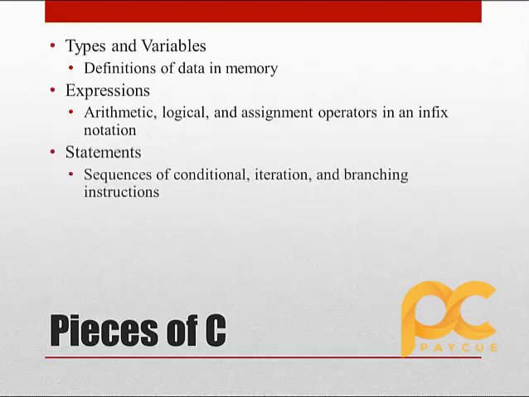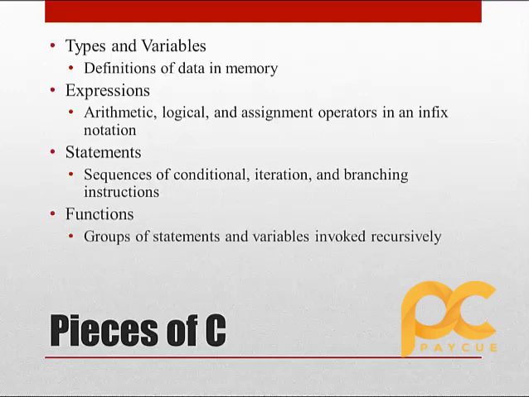Statements: there is a sequence of conditional, iteration, and branching instructions. Functions: functions are groups of statements and variables, and can be invoked recursively. As we have seen with the main function, you now have an idea what a function can do for us.